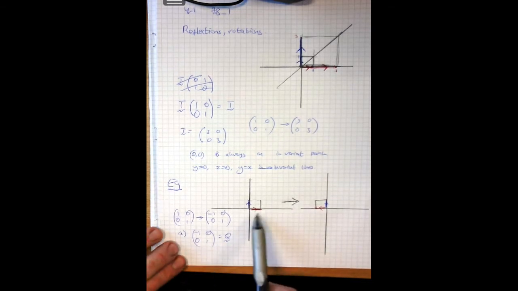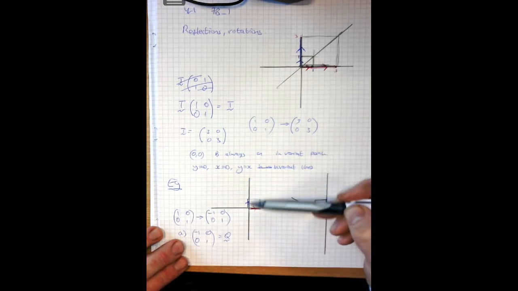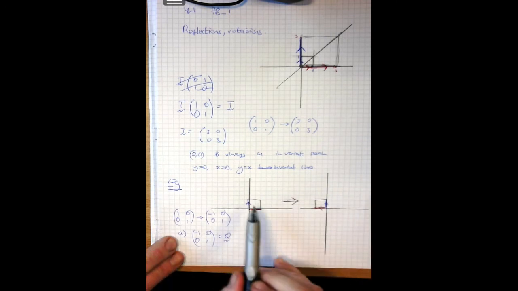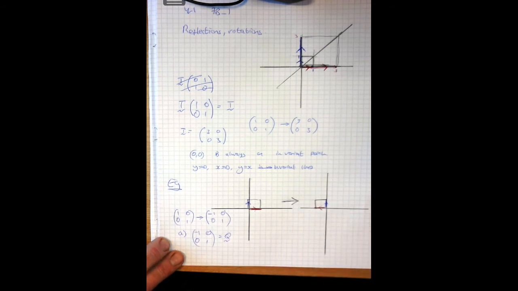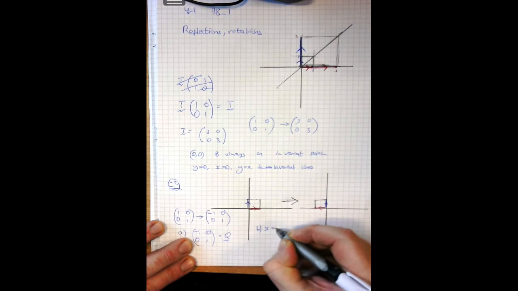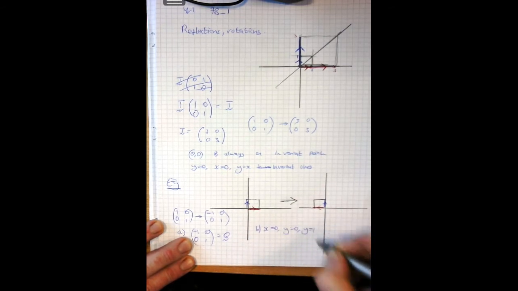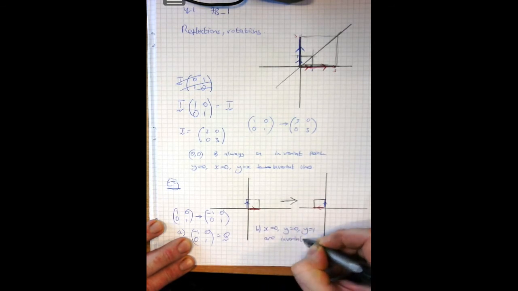The invariant lines: the horizontal line y equals 0 is invariant. The vertical line x equals 0 is invariant. And of course, the line at the top edge of the square is also invariant. So invariant lines are x equals 0, y equals 0, y equals 1.